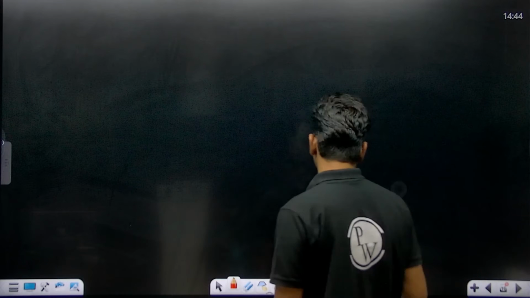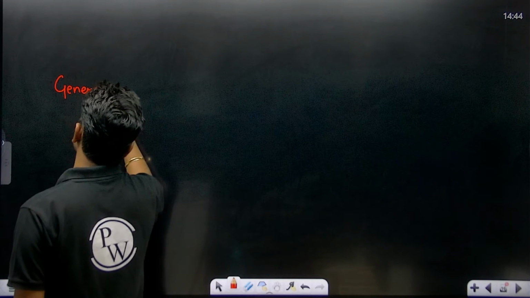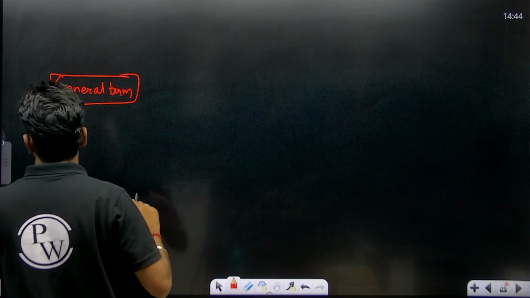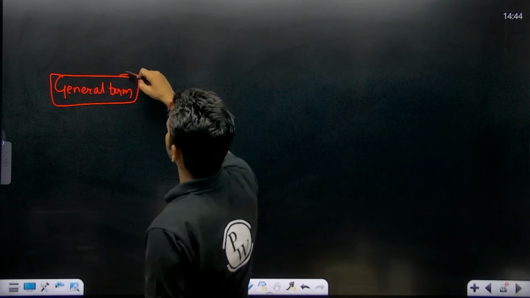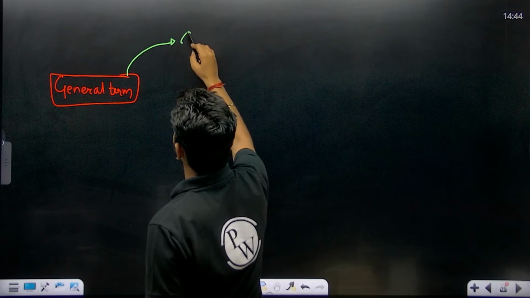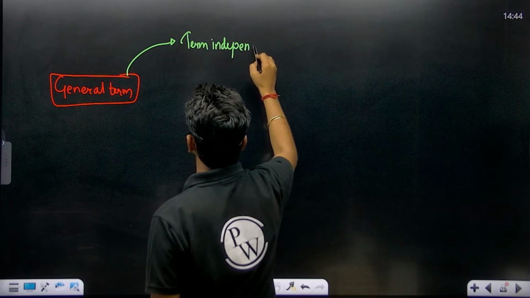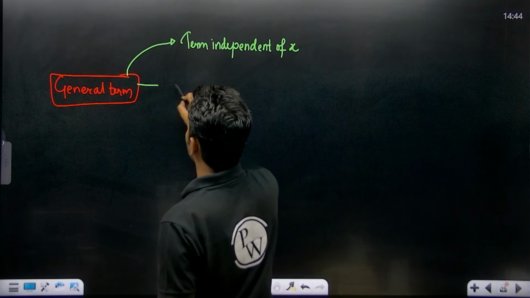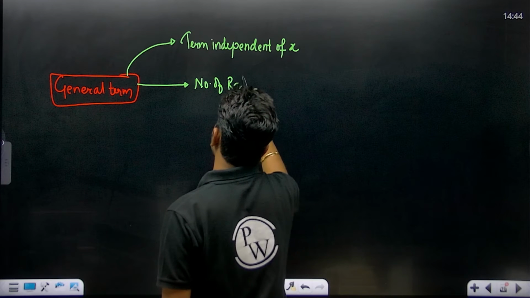So this is important. Keep a note of this particular thing. Now understand, we have seen general term. This general term will be used in so many problems. You will first see it in term independent of x kind of problems. You will see it in number of rational terms and irrational terms kind of problems.